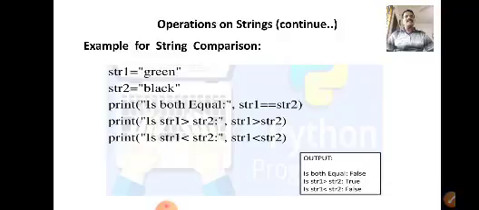String 1 is less than string 2: false. Based on the ASCII values, it prints the result whether the first string is greater than the second, less than the second, or both strings are equal. In this example, string 1 greater than string 2 is true, and that comparison takes place based on their ASCII values.